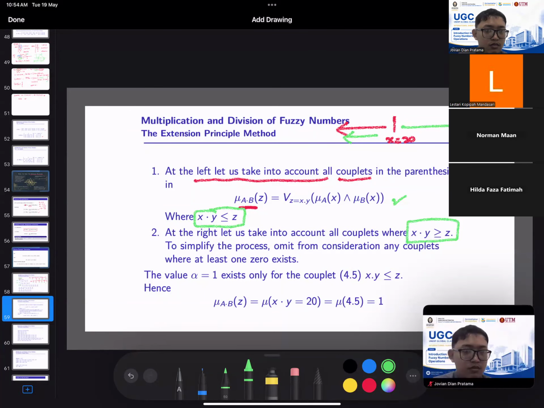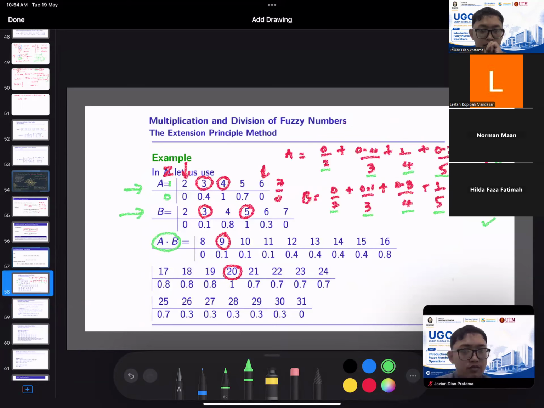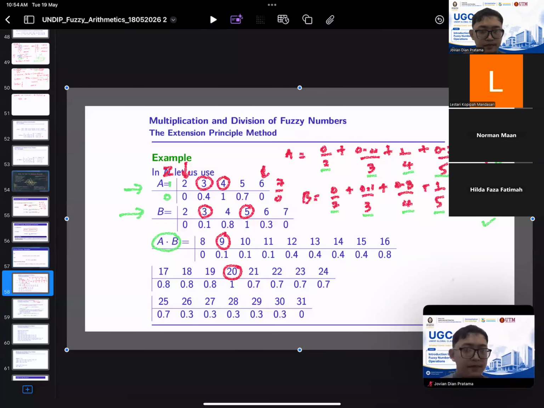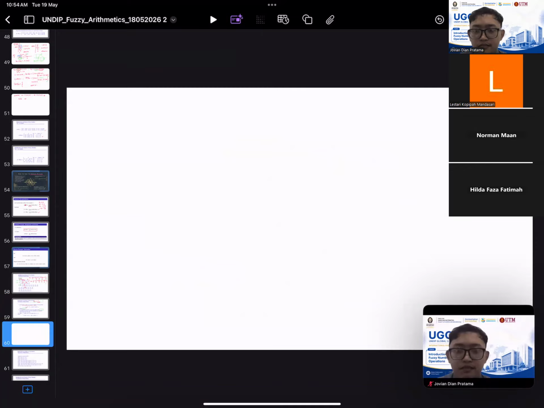So I will show you one by one to ensure that you understand this one. Okay, let's say you take your 9. You want to calculate your 9 here to get this value.